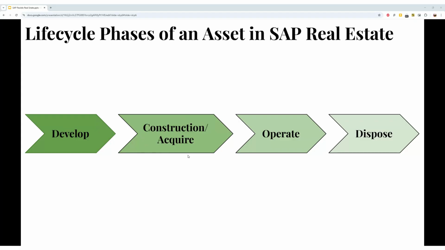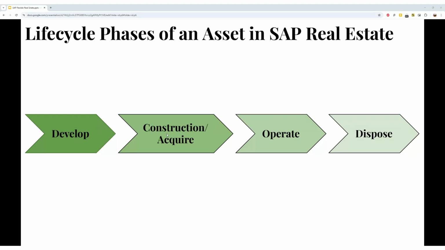The second phase is construction slash acquire, and we will just focus on the construction here. The construction phase is essentially the actual start of the construction project. We need to check what procurements we need to do, what raw materials are required, like cement, what machinery, like cranes and many other construction equipment, and what labor is required at what phases.